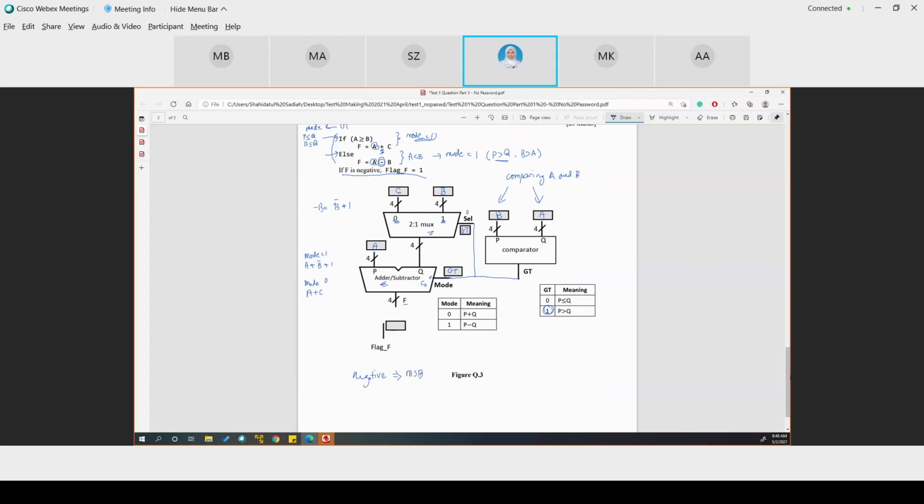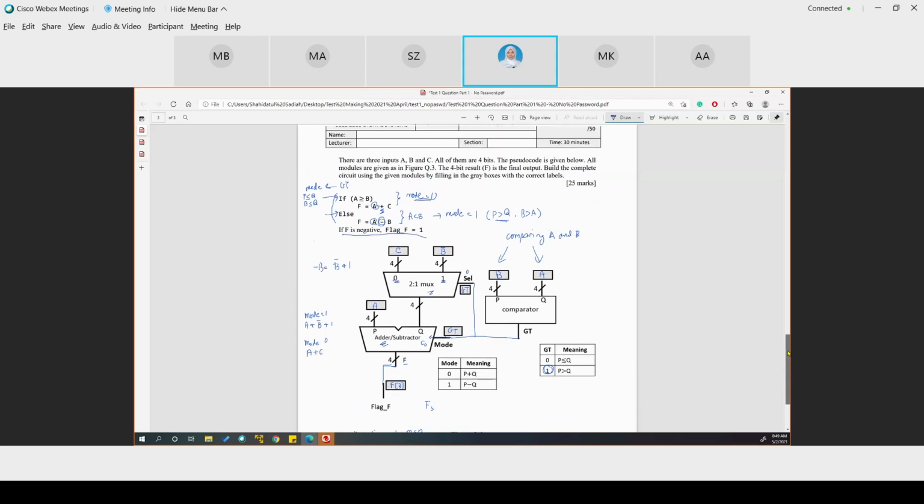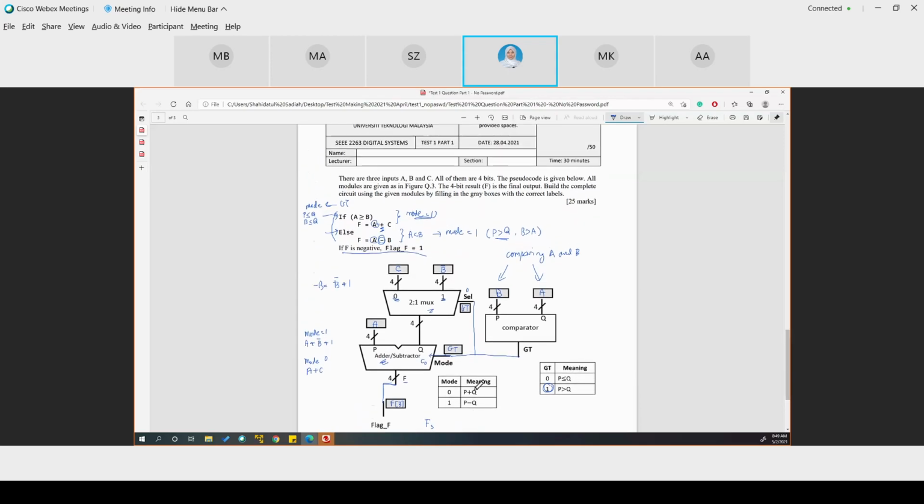And this is a 4-bit adder, so the MSB is F3. So you can connect. This is a 4-bit bus. Connect the 4-bit bus and only take the MSB, F3, or maybe you write it like this, F3. Label it F3 there. This is a bus and this is a wire, a single wire.